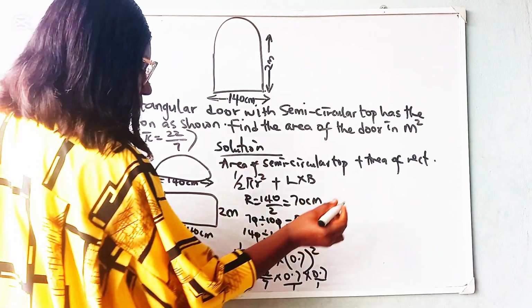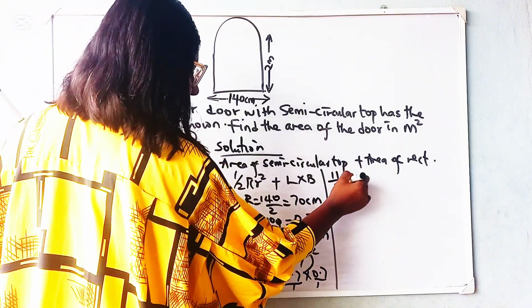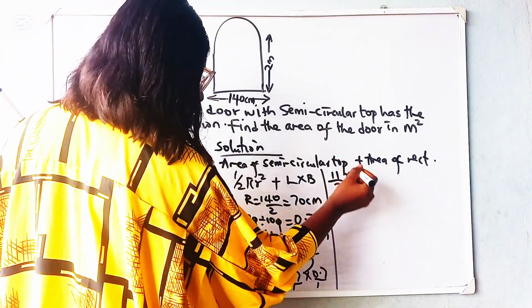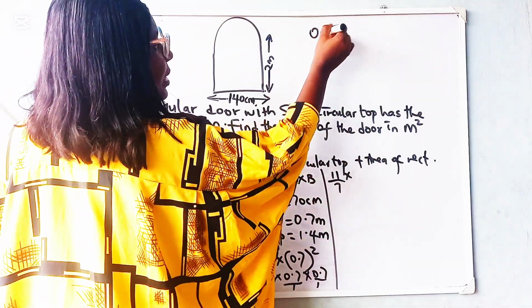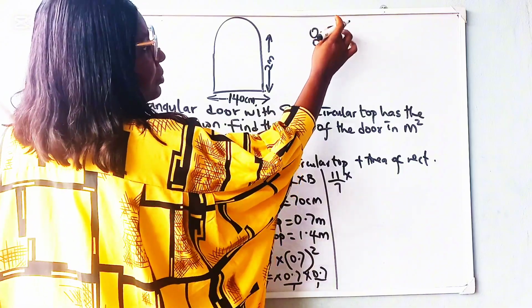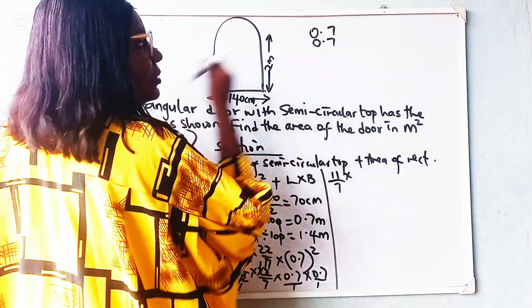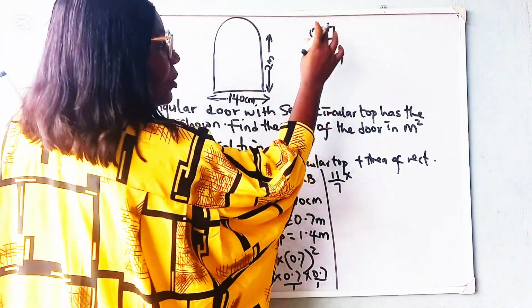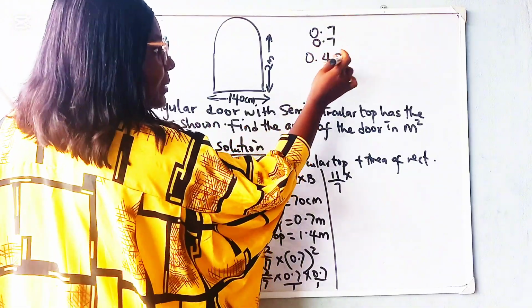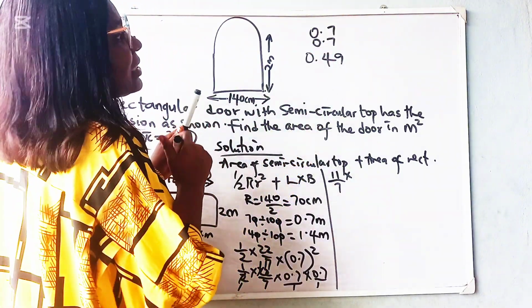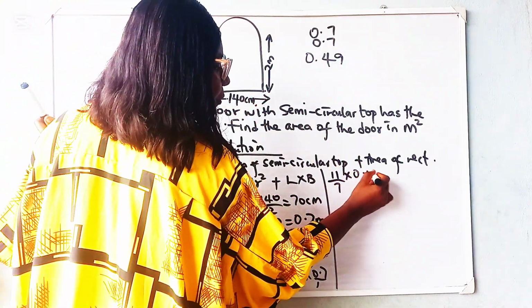So we have 11 over 7 times 0.7 times 0.7. We have 2 decimal places, so it's the same thing as 7 times 7, which gives 49, and because of the 2 decimal places, the answer is 0.49.